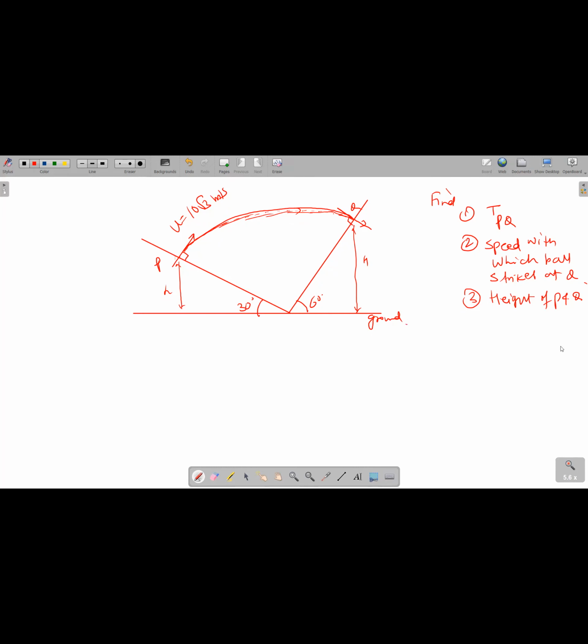This is your ground. Fourth, the distance PQ, this distance from here to here. Try.